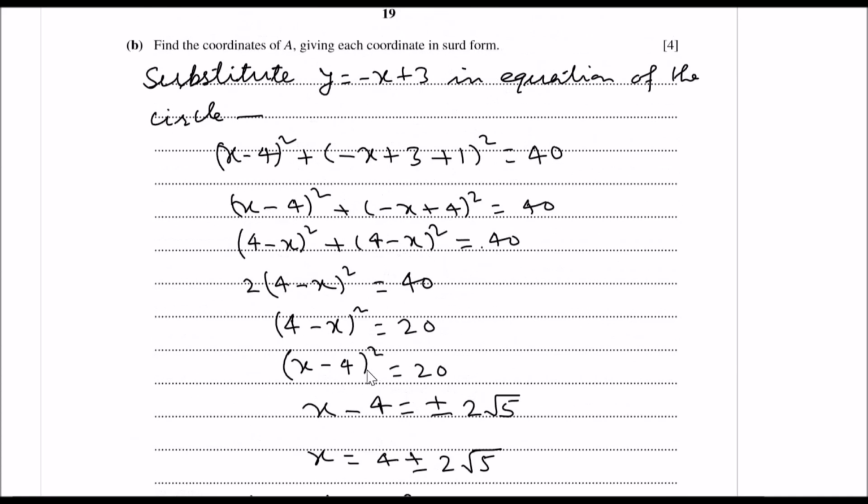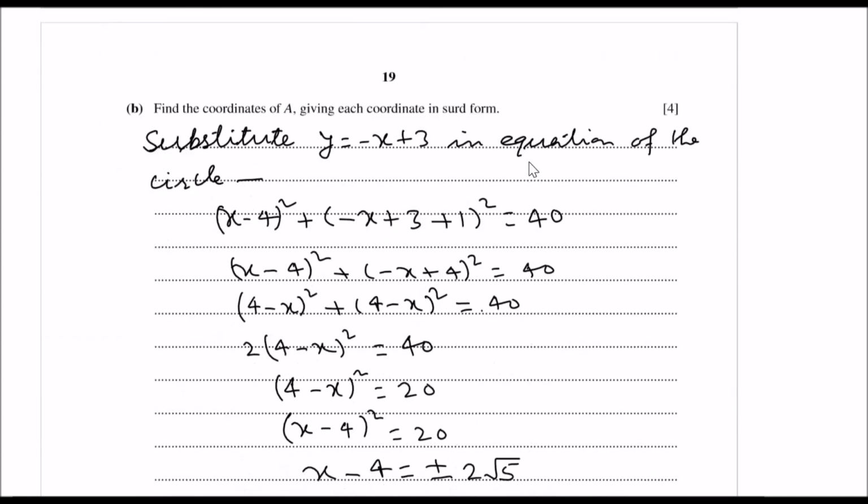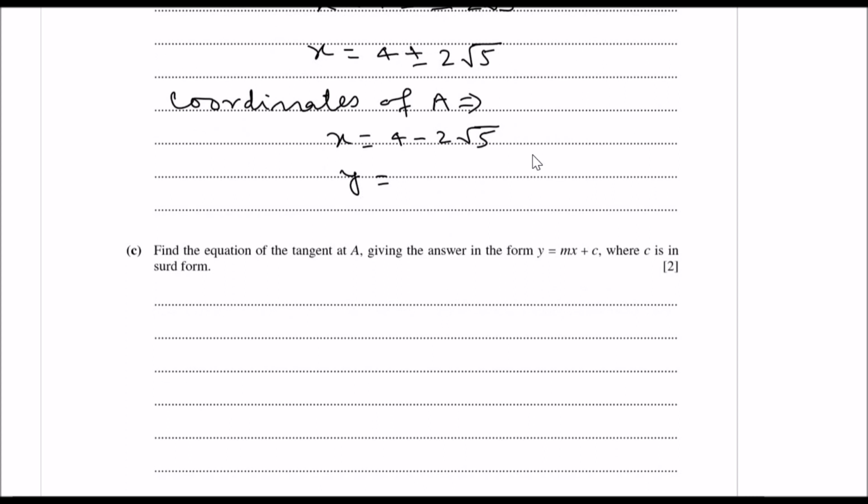We have y equal to minus x plus 3 here, so you can substitute in this and calculate y. We get minus 4 plus 2 root 5 plus 3. So y equal to 3 minus 4, that is minus 1, plus 2 root 5.